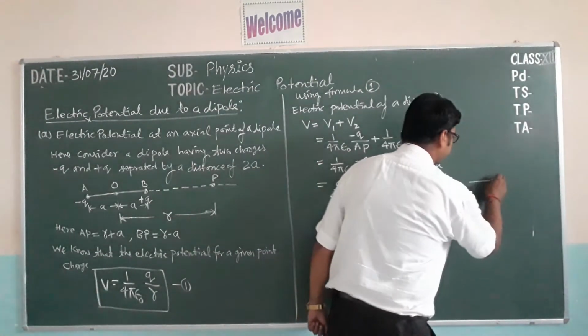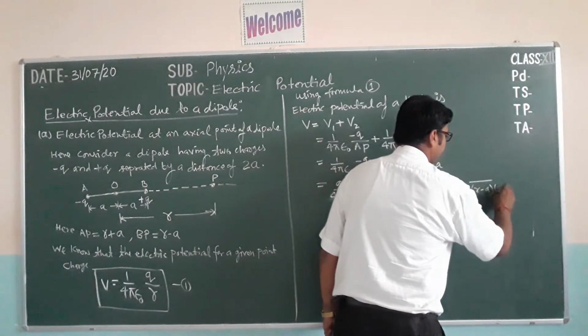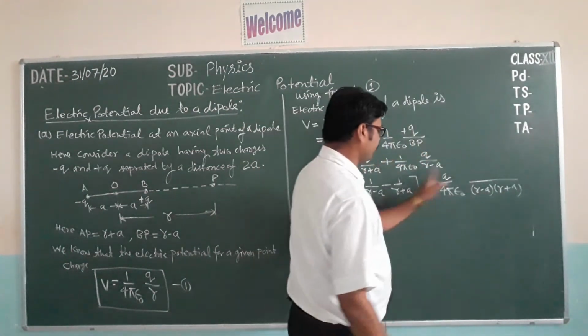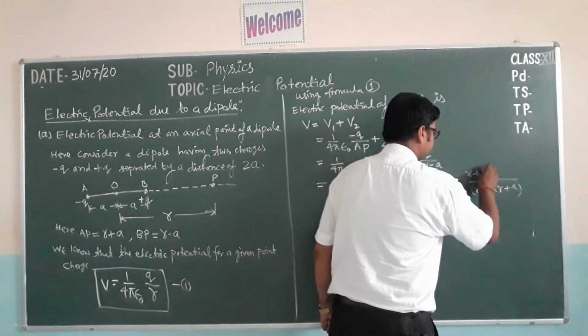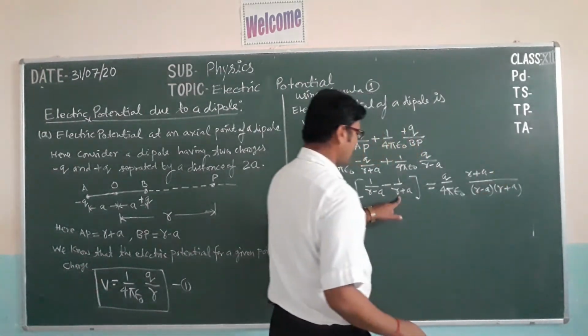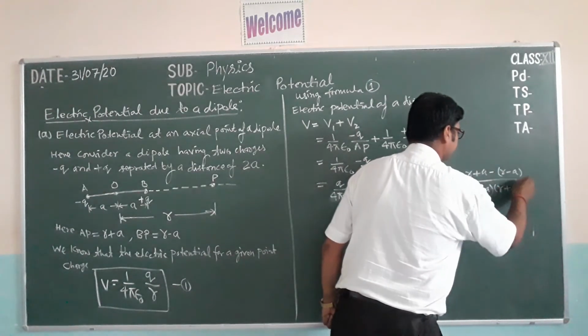The LCM is r minus a times r plus a. Here the r minus a cancels, so the value is r plus a, and here minus r plus a, so that is r minus a.